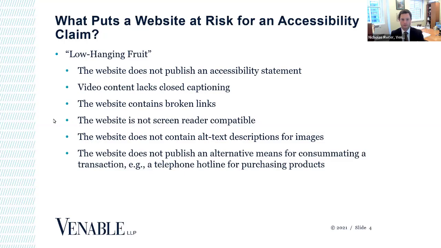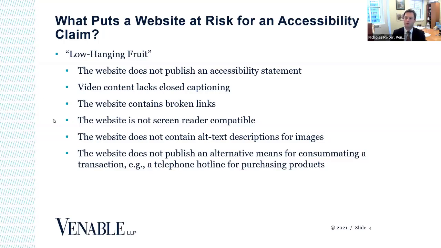The fourth bullet here, and this might be the most important one, it's really the fourth and fifth bullet together. Your site needs to be screen reader compatible. There's software and even hardware that can help vision impaired visitors access the content. And it has to contain alt text descriptions.